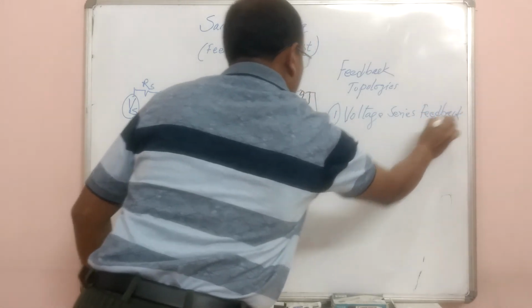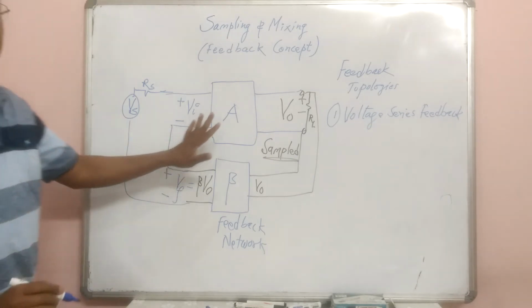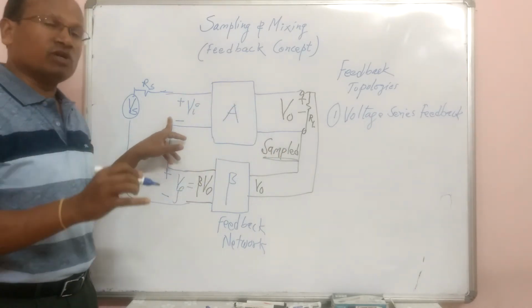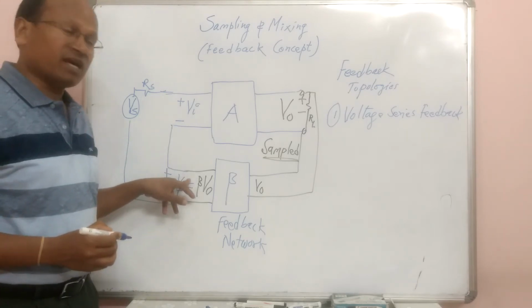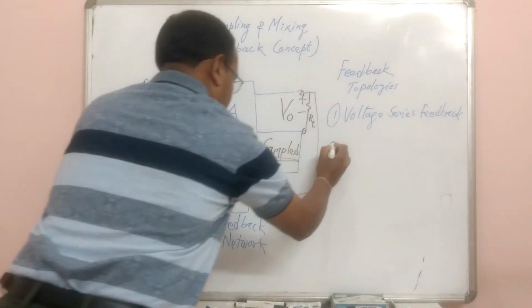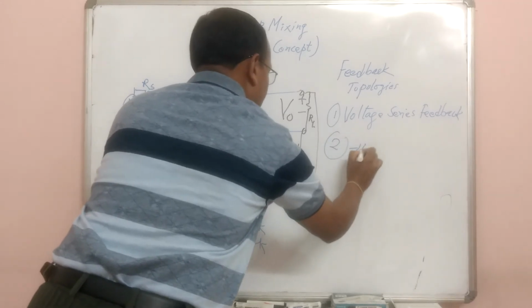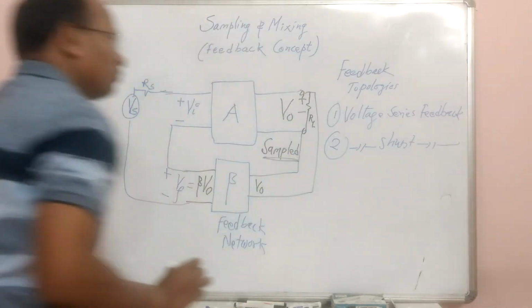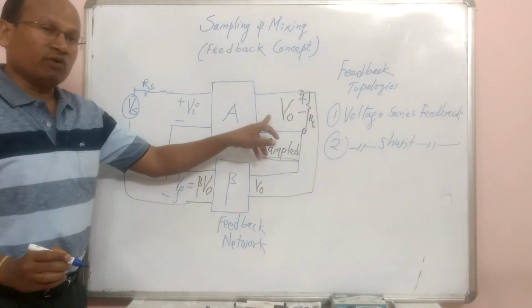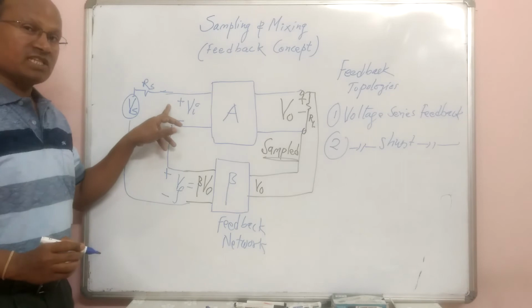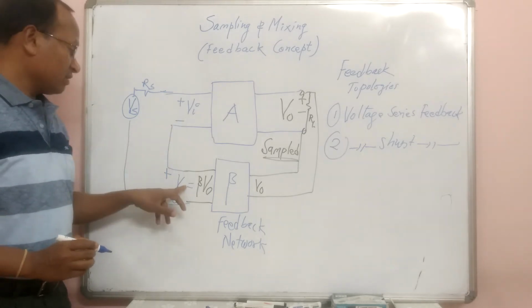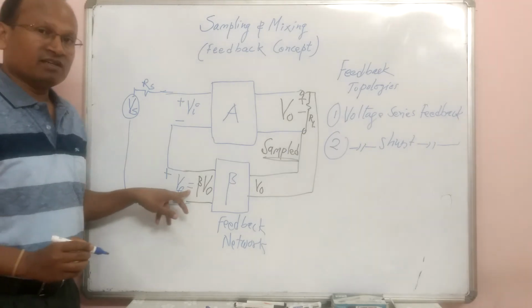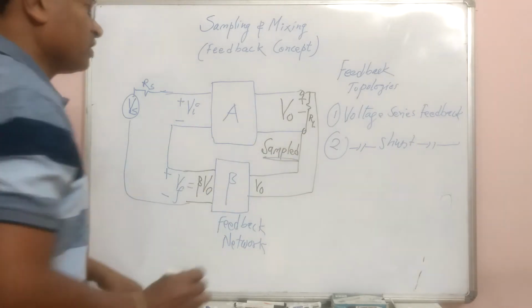Here the output signal is voltage, and mixing is in series manner, so the input signal is also voltage. The second is voltage shunt feedback. What will be the change? Output will be voltage, but the mixing will be in parallel. This feedback signal will become a current signal, and therefore the input signal will become current.